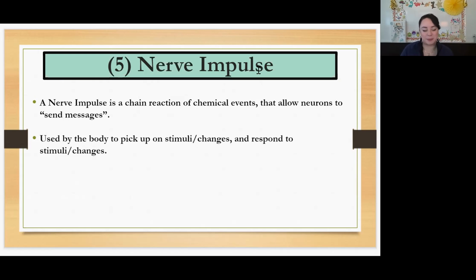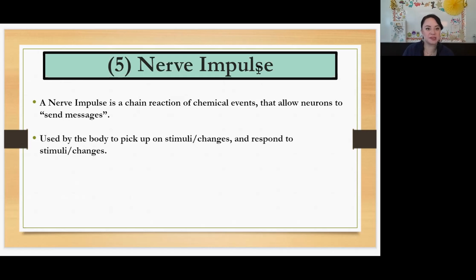A message in our body is actually a series of chemical events that trigger something else to happen. If you ever in middle school or 9th grade made a Rube Goldberg device or machine, where you stack all these things together and the action of one part triggers the action of another, that's very similar to how messaging and communication happens in our bodies and between our cells.